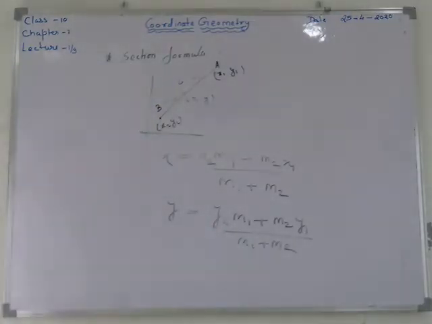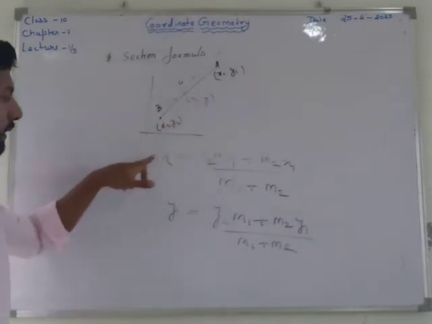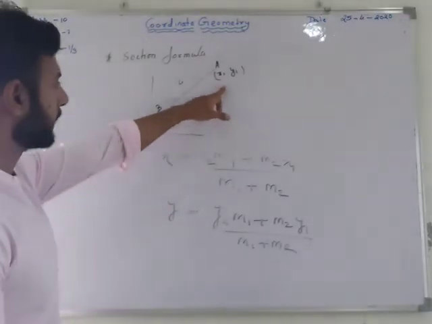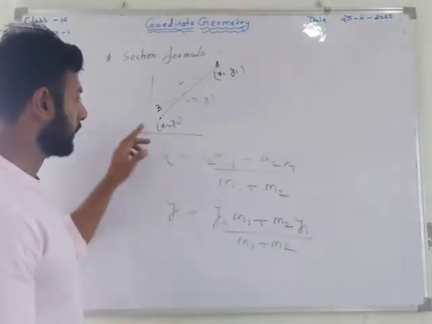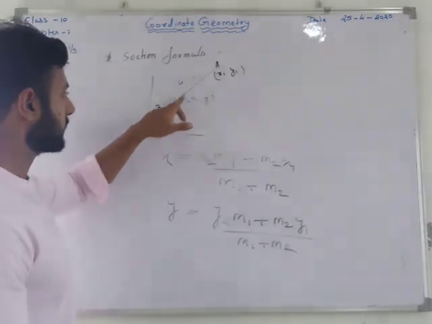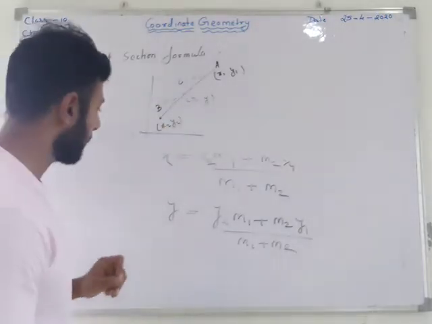This formula we use for the section formula. Here m1 and m2 are the ratios, x1, y1 are the coordinates of point A, x2, y2 are the coordinates of point B, and point C has the coordinates x comma y.